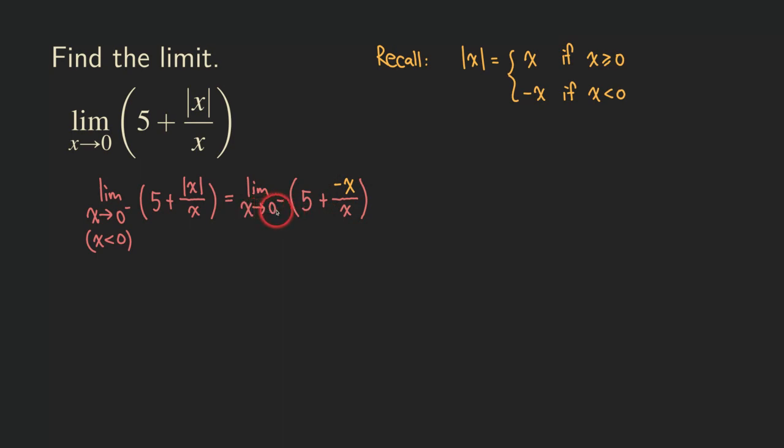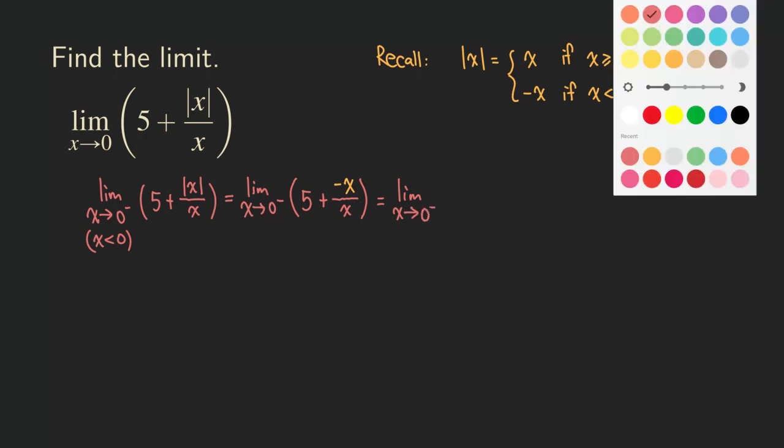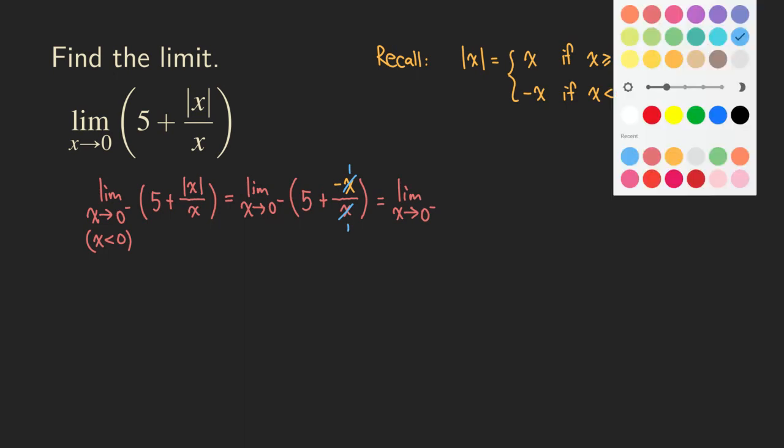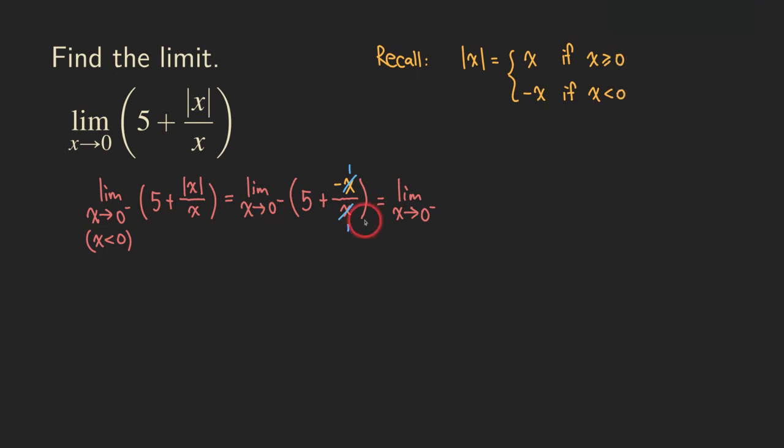Because when x is approaching 0, it's not actually equal to 0, so we can divide by a non-zero quantity. And so if we are canceling them, what are we getting here? That's going to be negative 1. So we are getting 5 minus 1, and so that's just equal to 4. Okay, so the one-sided limit when x is approaching 0 from the left exists, and it's equal to 4.